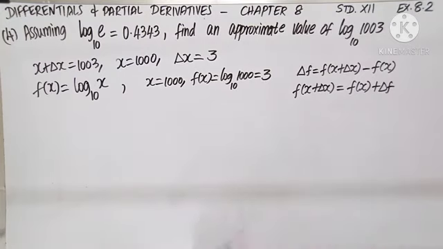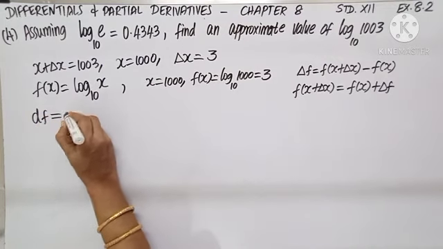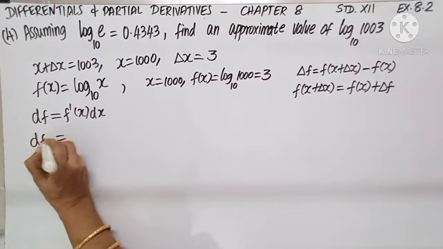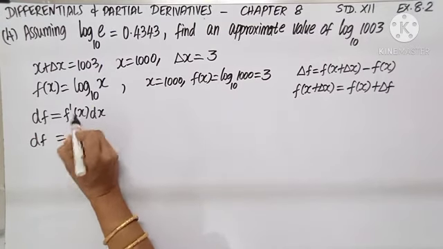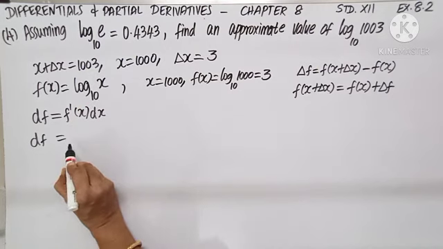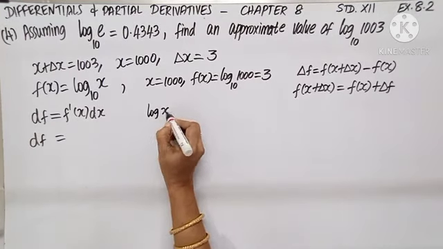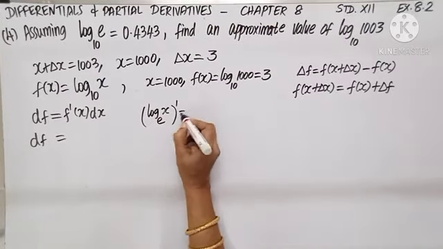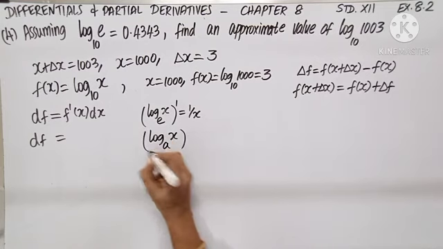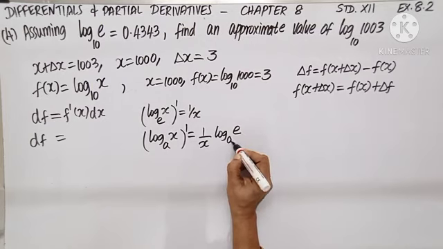For finding del f, let me remember this easy formula df. What is df? f dash of x into dx. So df equals f dash of x. Differentiate. Log x will become 1 by x provided the base is e. Let us remember log x base e, the answer is 1 by x. But if any other base is coming, I will write 1 by x log e base a.